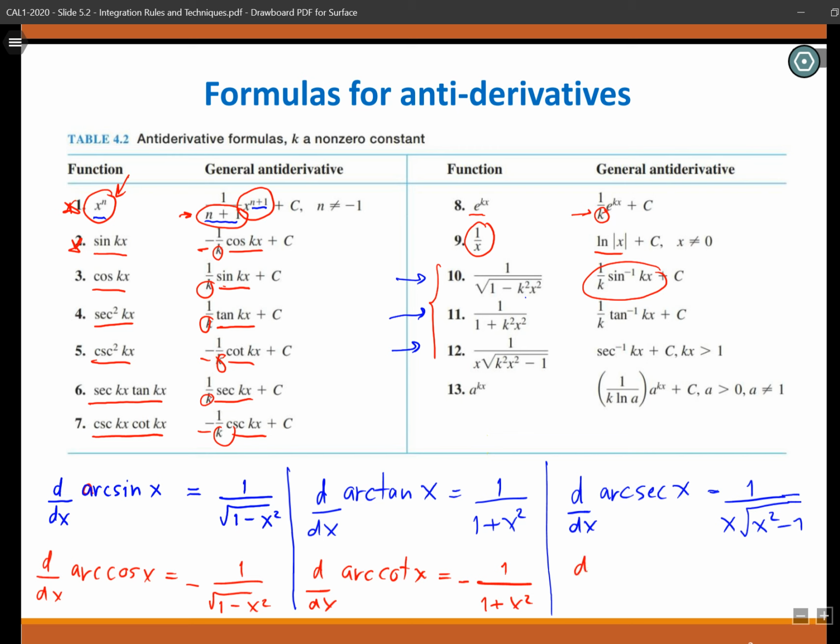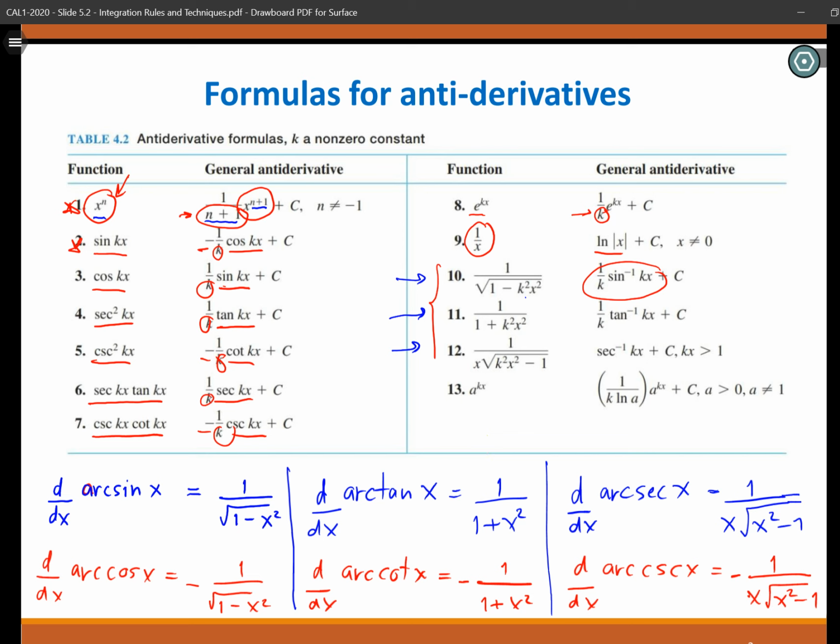And same for the arc cosecant of x with respect to x, same as above, x square root of x squared minus 1, but with the minus sign in front. So please try to remember these because you are going to need them again.